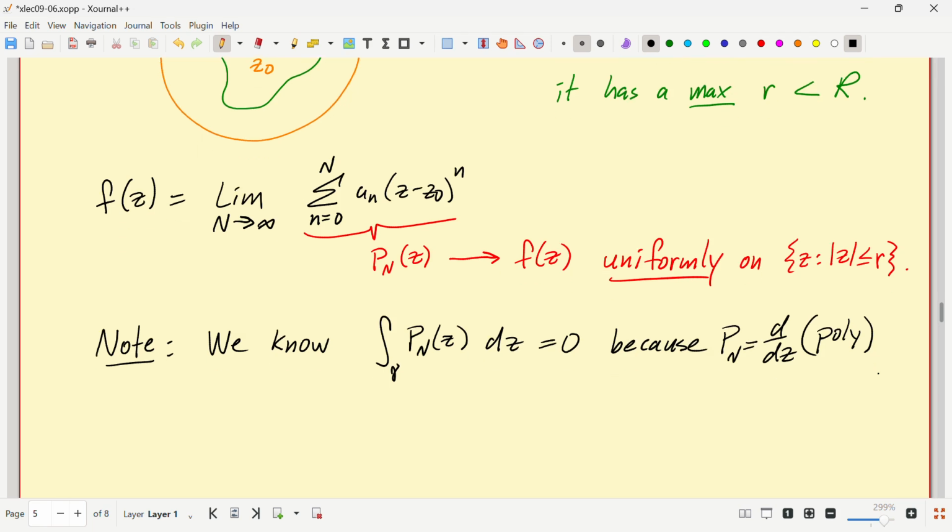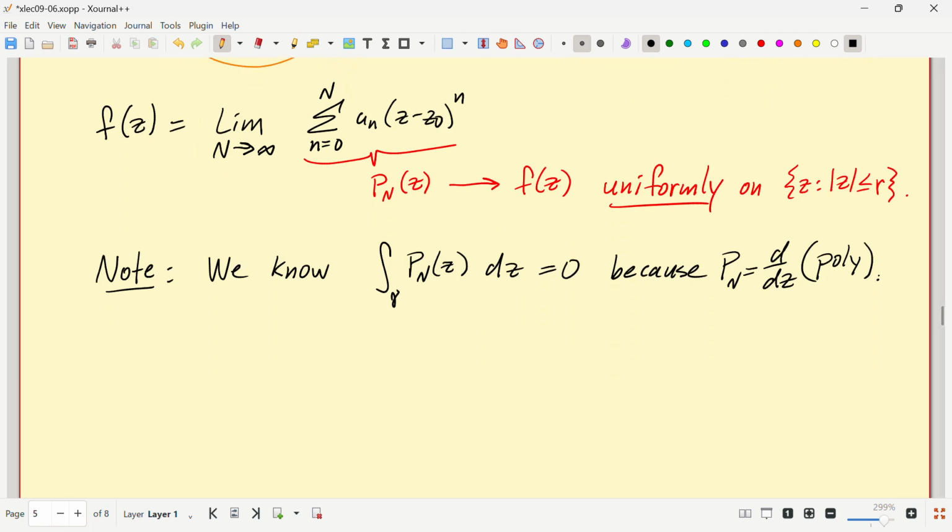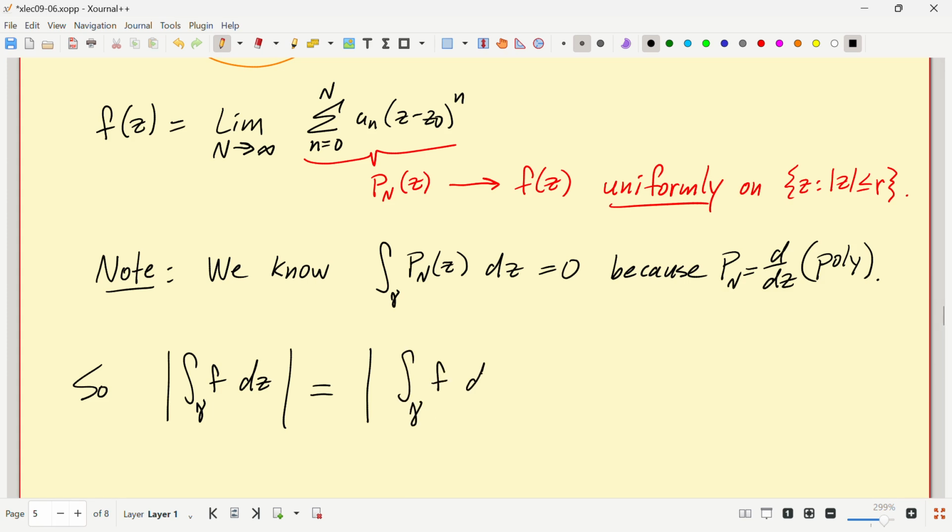Okay, so let me take the modulus of the integral of f around gamma. I guess the easiest way to do this is to realize I can subtract 0 here in the form of the integral around p. Okay, that's a big fat 0.